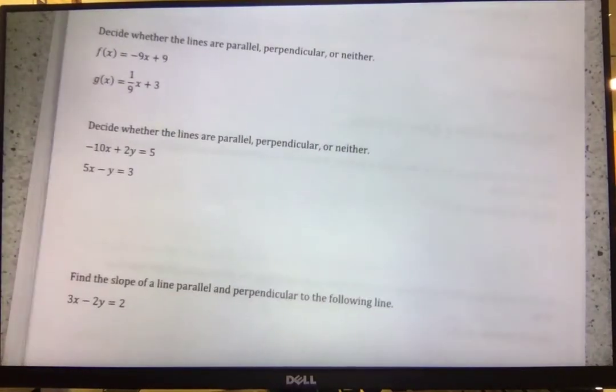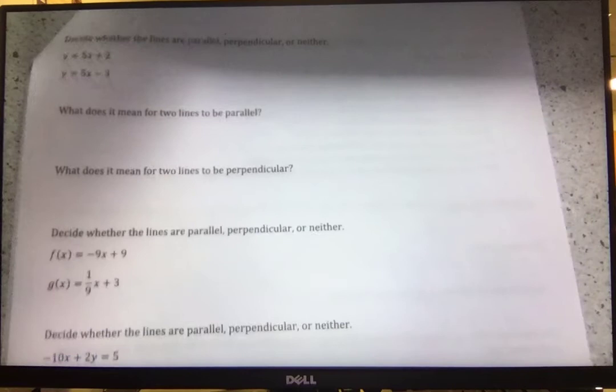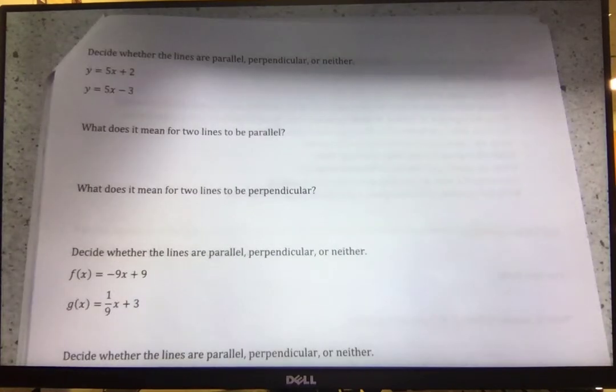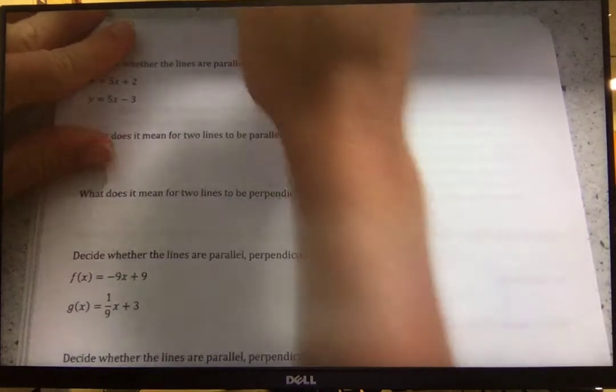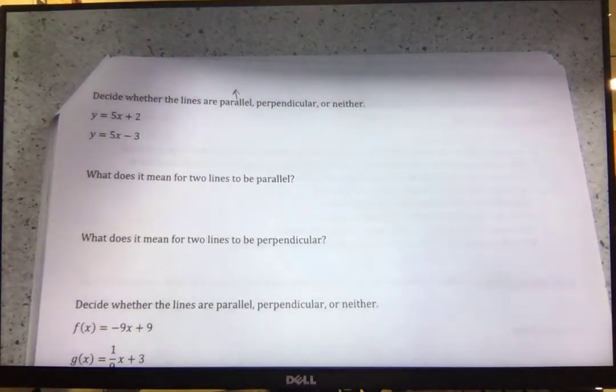What about perpendicular? What does that word mean? They cross exactly one time. So they cross at a 90-degree angle. They are just like at an intersection. So with that being said, we know the slopes are opposite, meaning opposite signs.